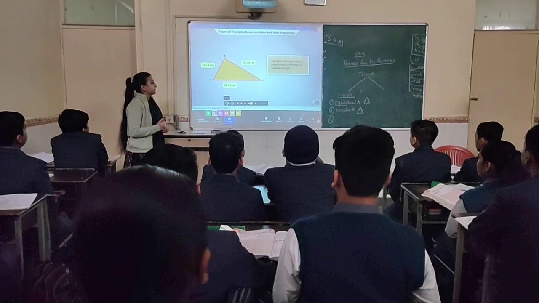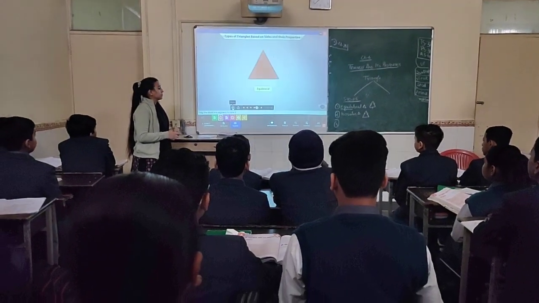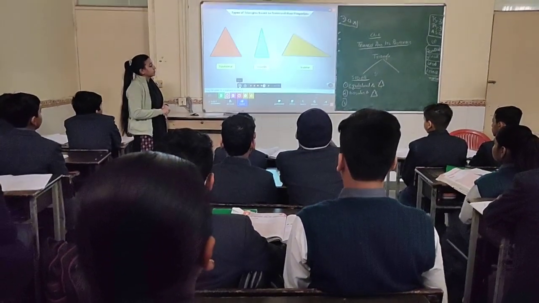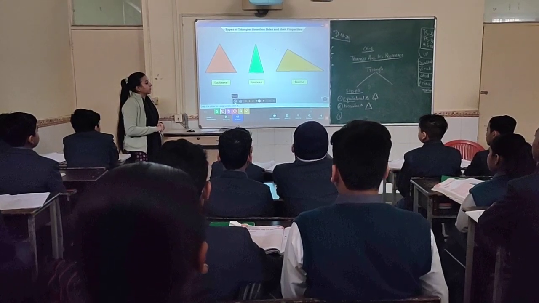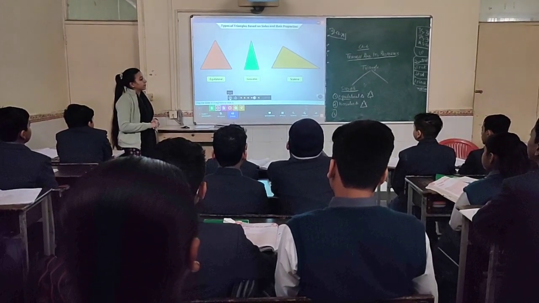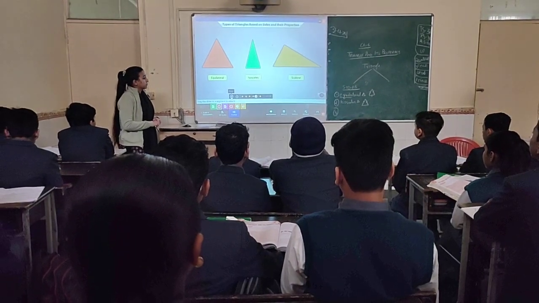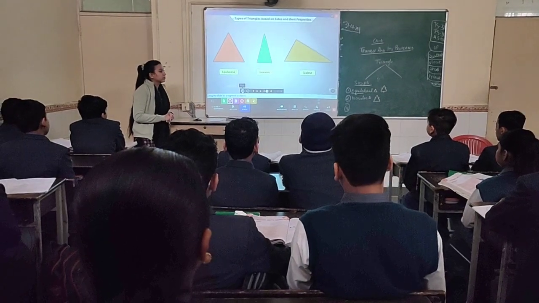Scalene triangles. Now, we know that equilateral, isosceles, and scalene are the three types of triangles based on the length of the sides. Let us now proceed to learn a few more properties of equilateral and isosceles triangles.